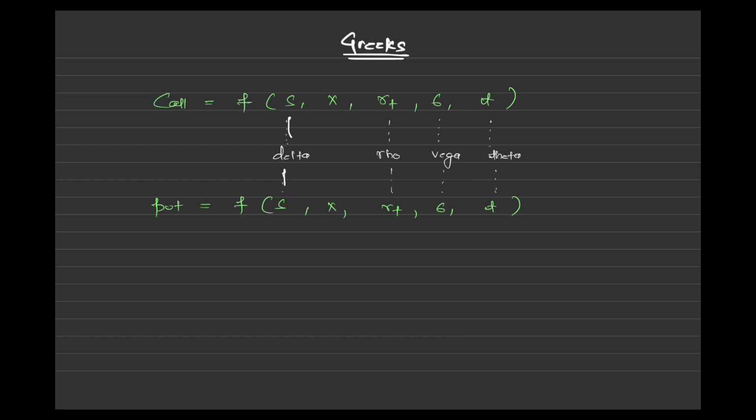Similarly, if I keep all the factors constant except volatility, and the value of the call option or put option changes because of 1 unit change in the volatility, I will call the rate of change vega. Similarly, if the value of the call or put option changes because time changes, keeping other factors constant, the rate of change of the option due to 1 unit change in time will be called theta.